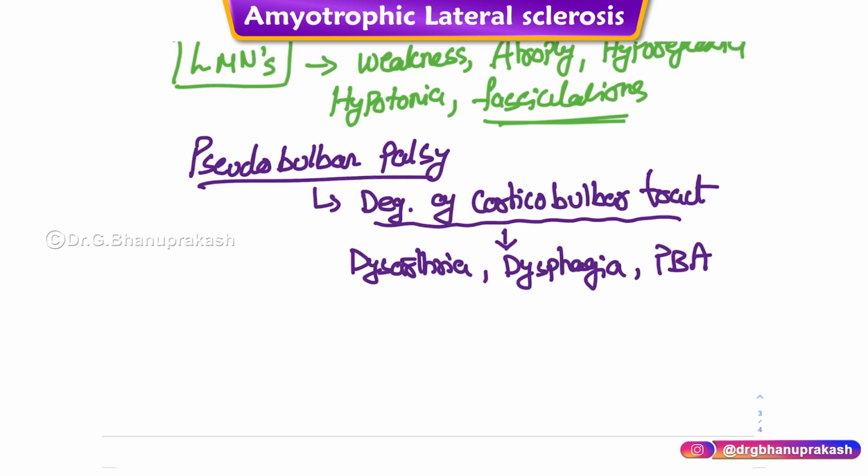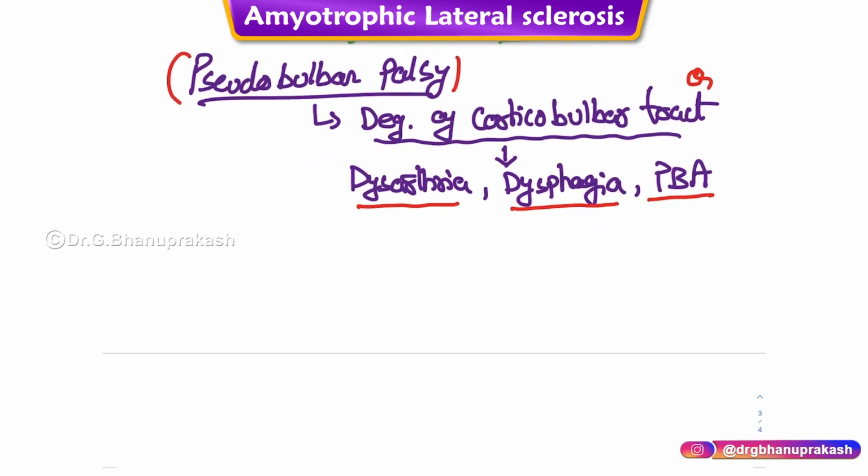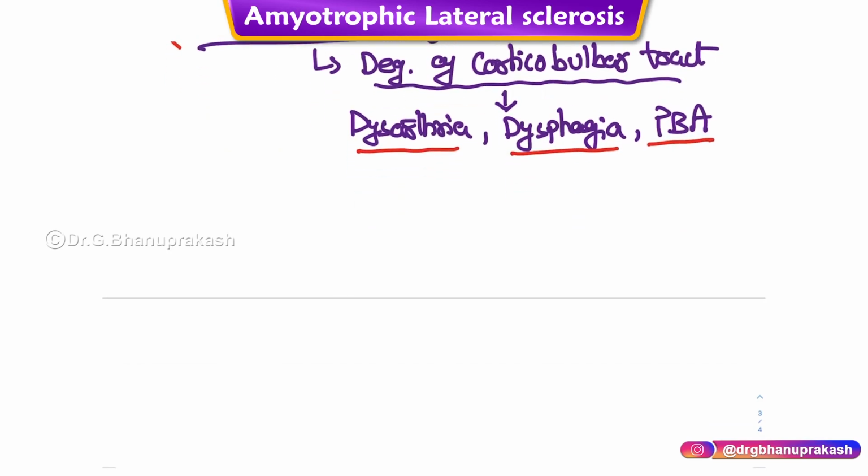That is what mainly we will see in pseudobulbar palsy. So in pseudobulbar palsy, there will be degeneration of the corticobulbar tract, with associated manifestations like dysarthria, dysphagia, and PBA, and patients are progressively unable to swallow food without risk of aspiration. This is one of the important manifestations. And let us discuss another manifestation called bulbar palsy.